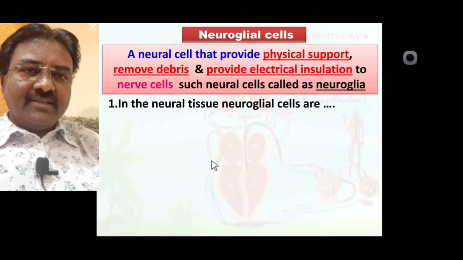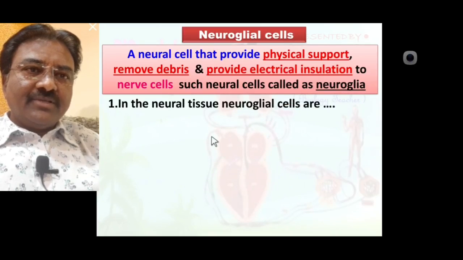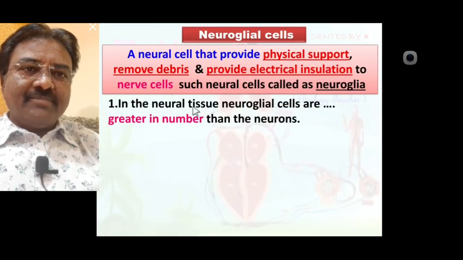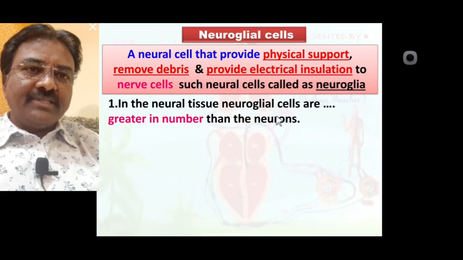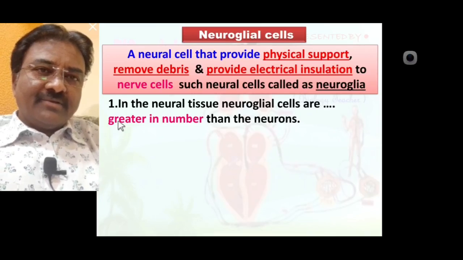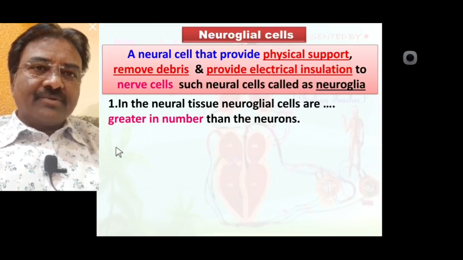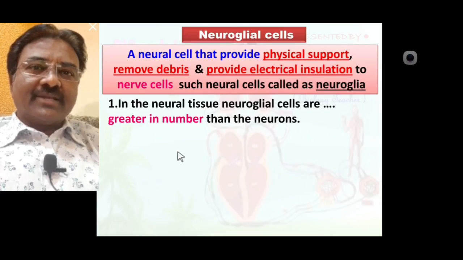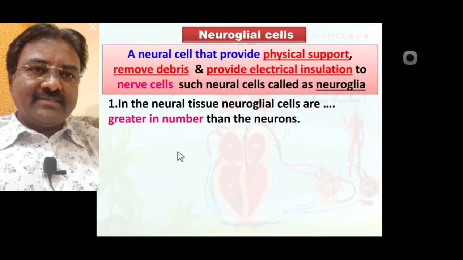Number 1, in neural tissue, neuroglial cells are greater in number than the neurons. Means neuroglial cells are present in greater numbers in neural tissue. You know, the ratio of neuroglial cells to neurons is about 3.76% neuroglial cells to 1% neuron cells.